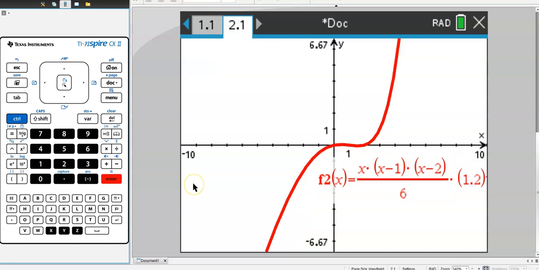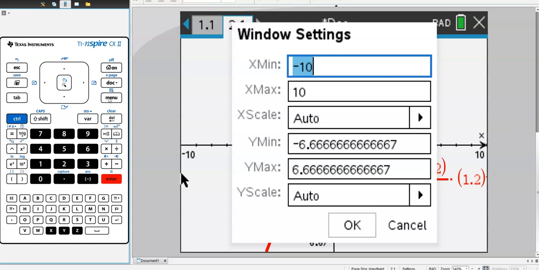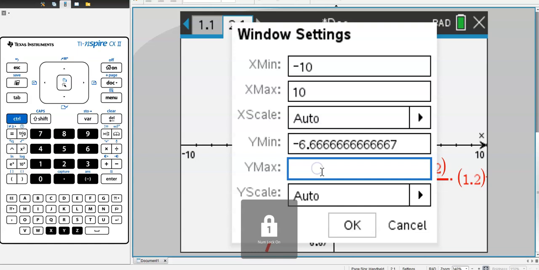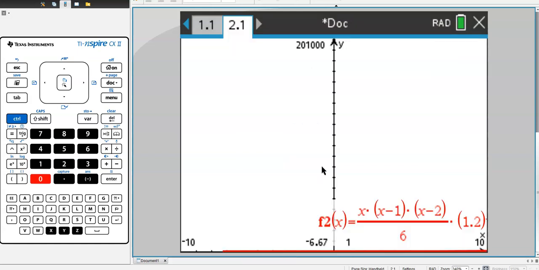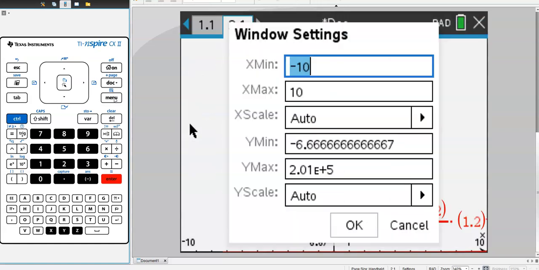Now we know we want this to go up to 200,000, so let's play around with the window a little bit. We'll go menu, window, settings. Let's take the y up to 200,000. Let's see, that's not giving us enough on the x.